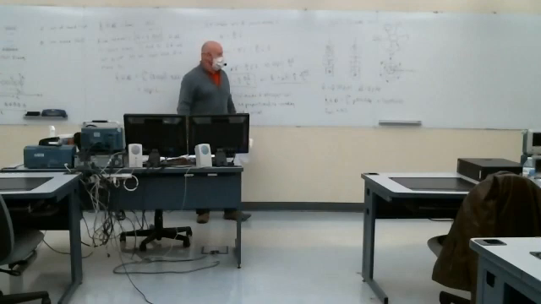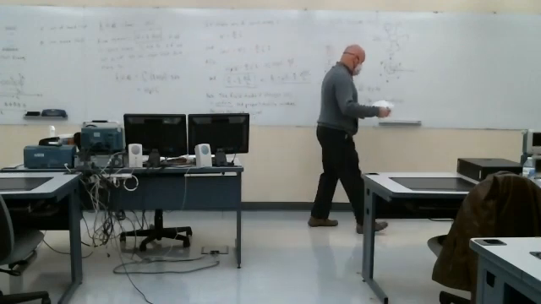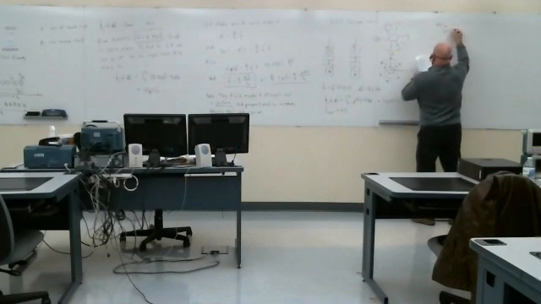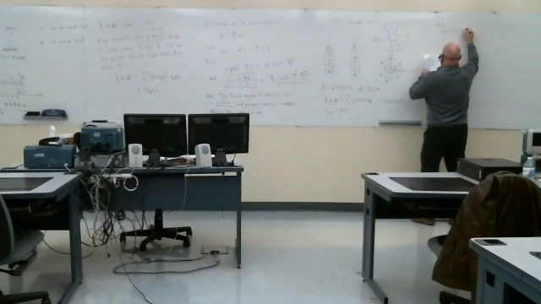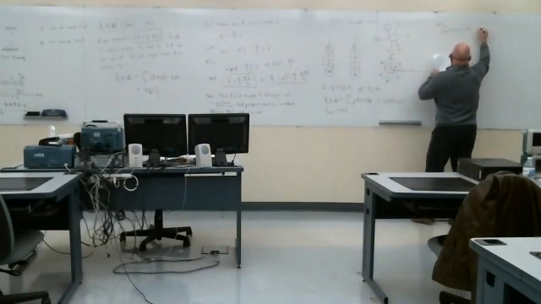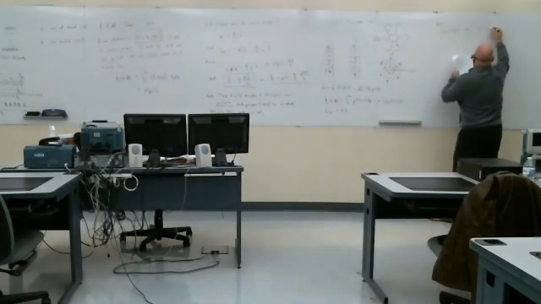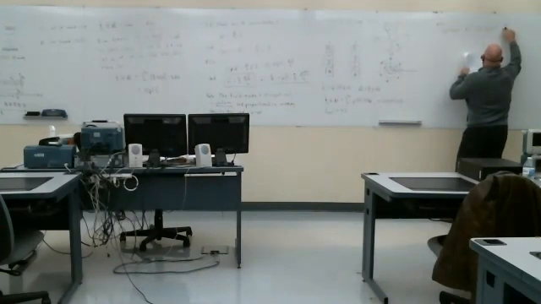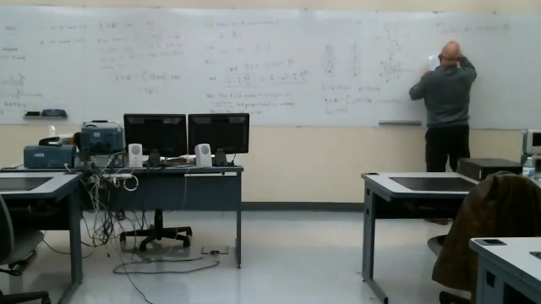So N times the current I. So from Ampere's circuital law, I've got 2 pi rho H(rho, Z) equal to N I, which leads to H(rho, Z) is N I over 2 pi rho, and H then is N I over 2 pi rho, phi directed.